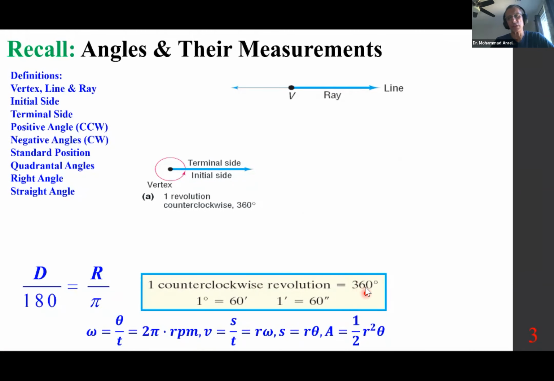So we have the initial side, we have the terminal side, and counterclockwise is positive. Clockwise, negative. Standard position is when the initial side is along the x-axis. This happened to be a positive, this happened to be a negative angle.